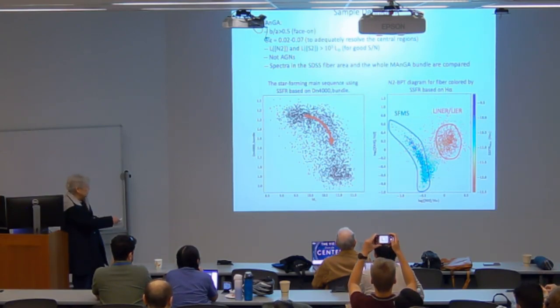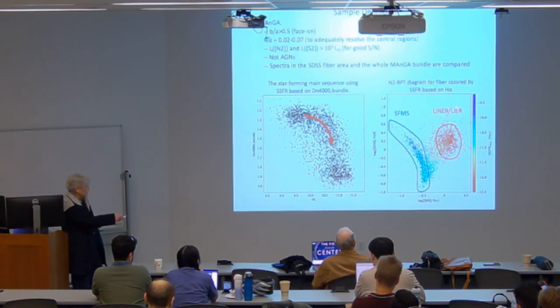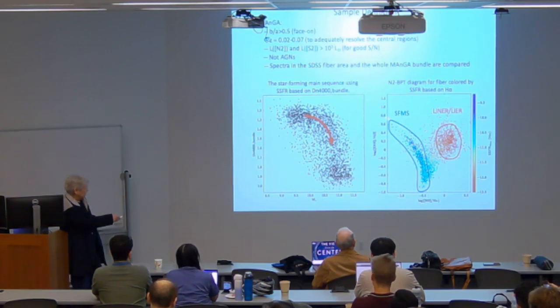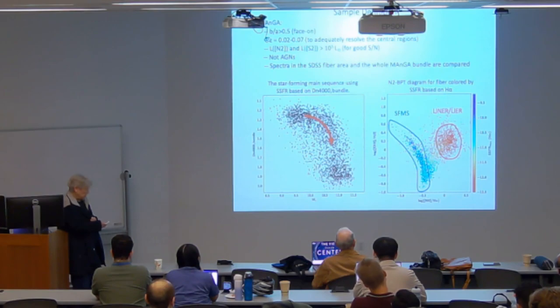And then there's a more aged population here, which goes by a couple of different names, LINER or LIER, and its ionization source is different and somewhat controversial. I'm not really going to talk about that. I'm going to concentrate on this region of the population today.